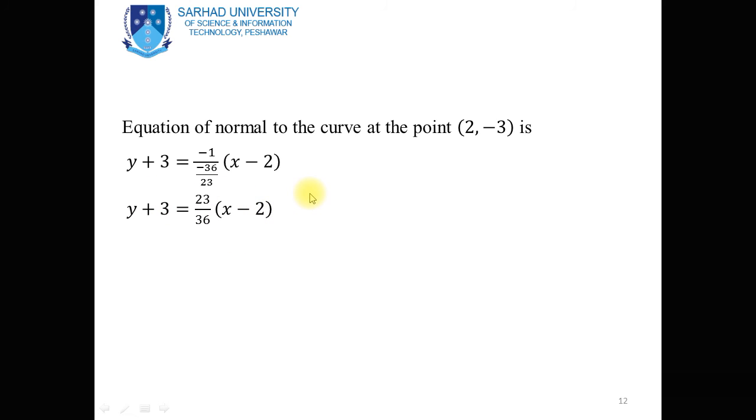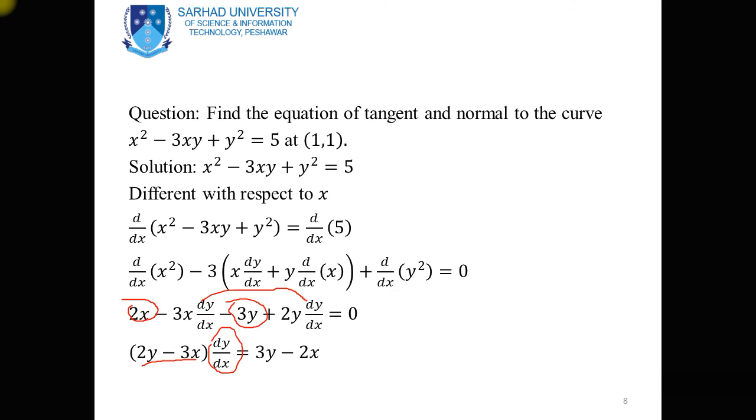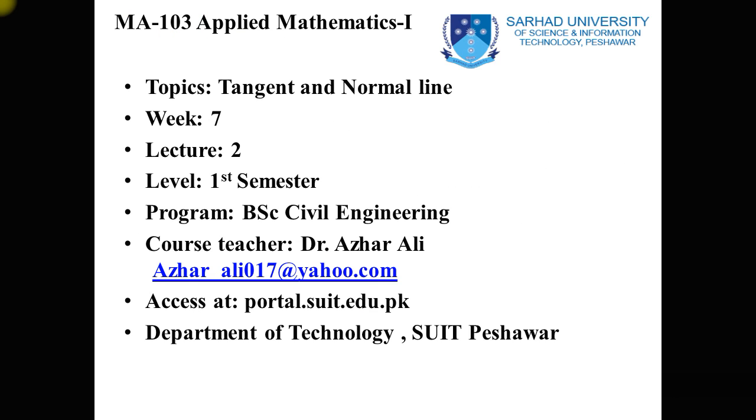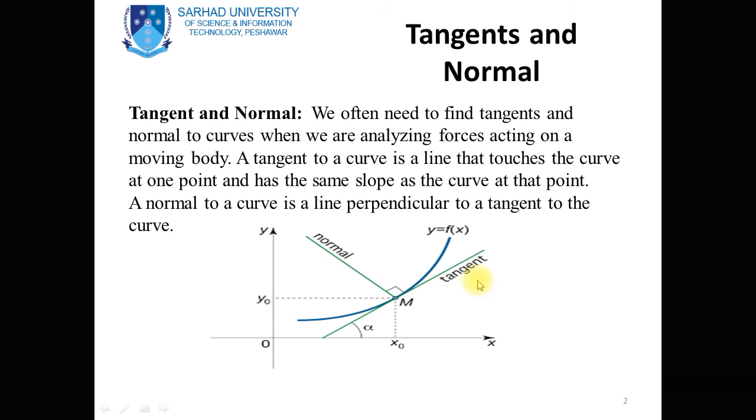So dear students, the conclusion of this lecture: note that we need the equation of the tangent line and the equation of the normal line. The tangent line touches the curve at only one point. You see over here in the first slide of this video lecture, this is the tangent line.